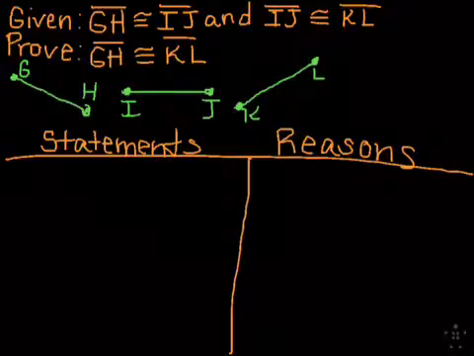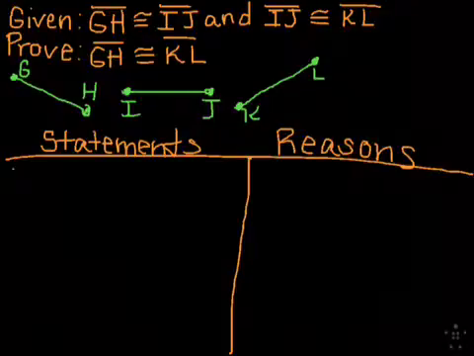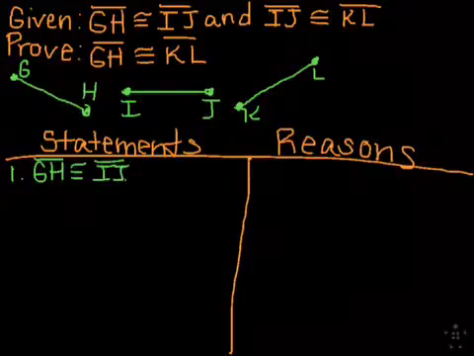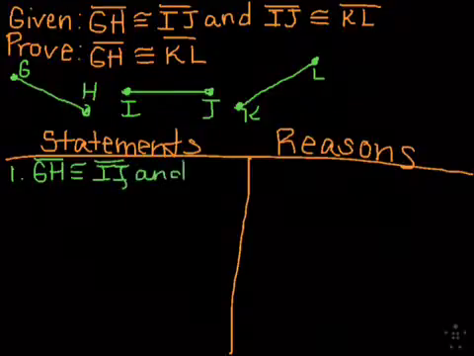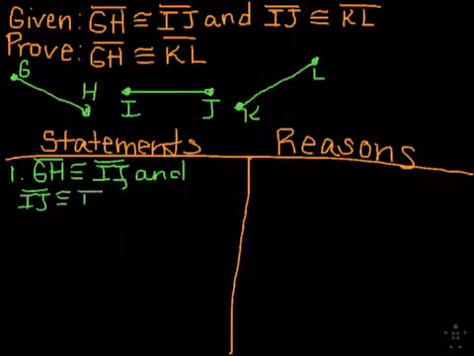So, first things first. I know that line segment GH is congruent to line segment IJ, and I know that line segment IJ is congruent to line segment KL.